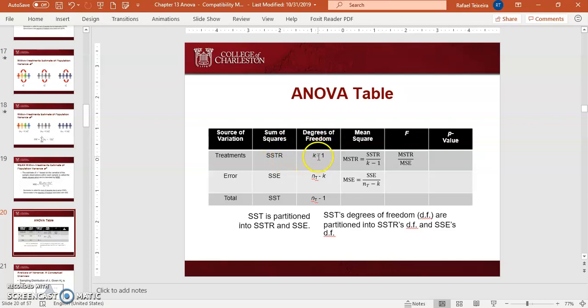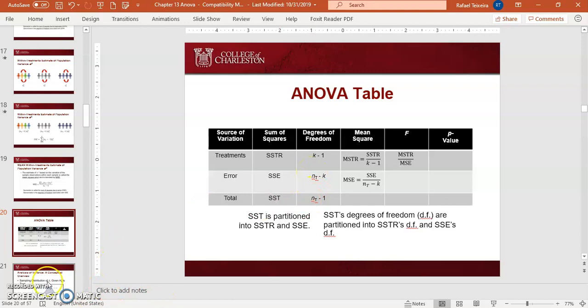The degrees of freedom related to the sum of squares due to treatment is k minus 1, where k is the number of groups. The source of variation due to error has degrees of freedom total sample size minus k groups.